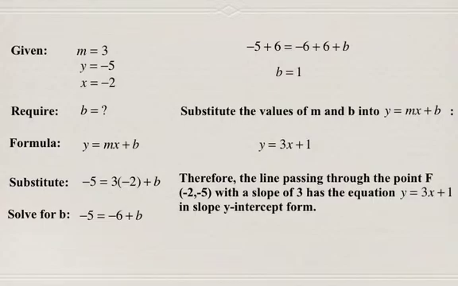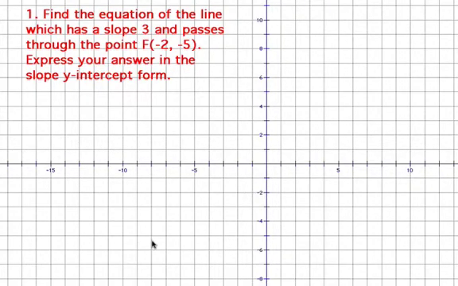Now we'll take a look at what this looks like on a graph. We're going to graph the line that passes through the point -2, -5 with a slope of 3, and compare that to the answer we just got, y equals 3x plus 1. We go over to -2 and down to -5 and make our point. From this point we go with a slope of 3, which means 3 over 1.